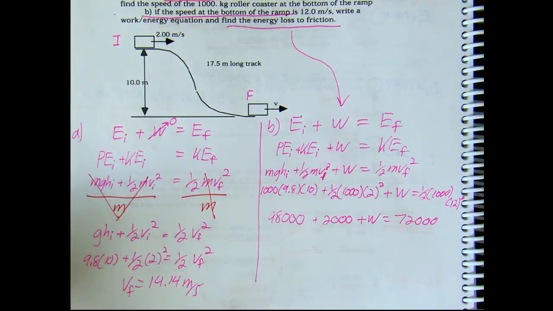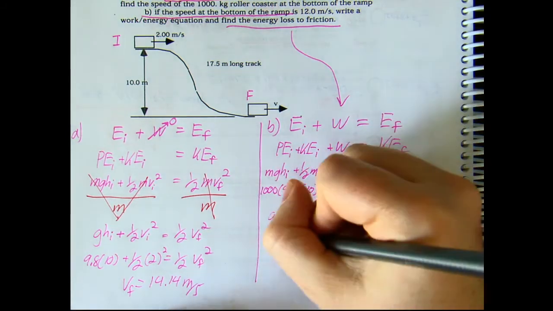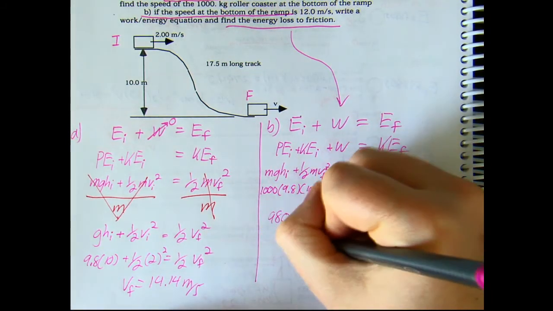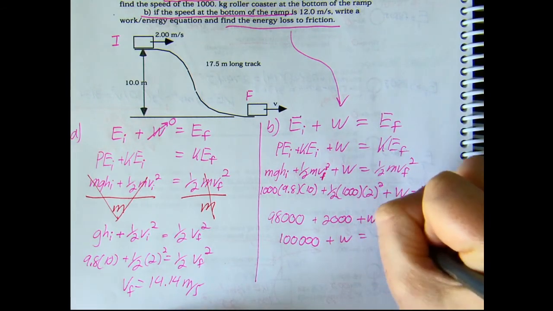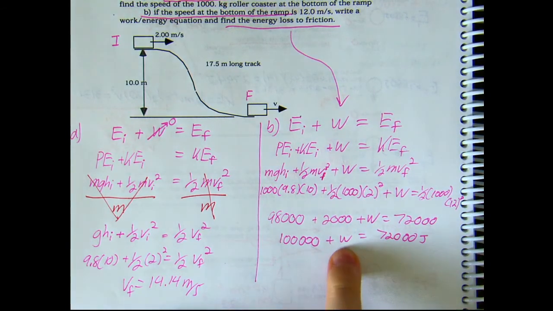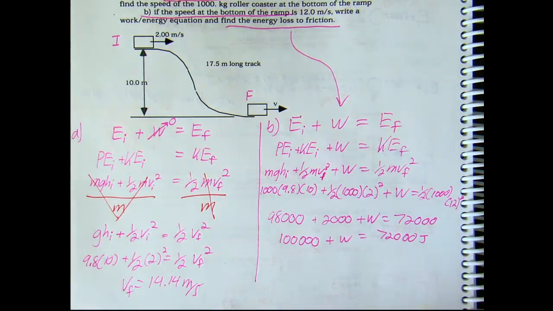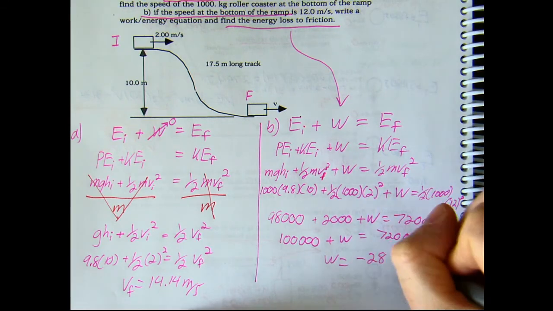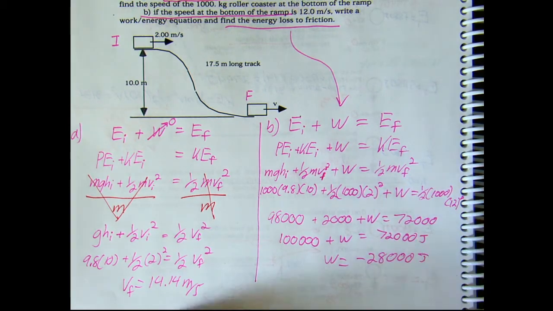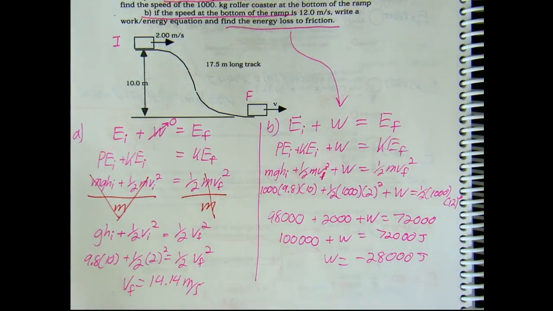So, well, what's going on here? I've got 100,000 joules plus my work equals 72,000 joules of energy at the end, which means friction has pulled energy out of the system. Well, how much? Subtract that over, and we're going to get that the work done by friction to pull energy out of the system is negative 28,000 joules of energy.